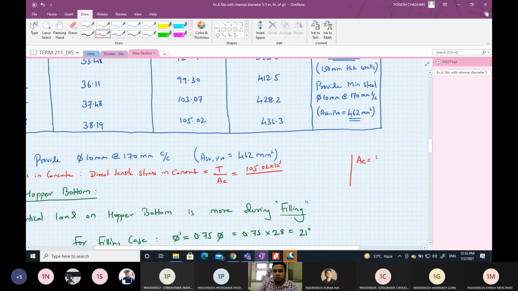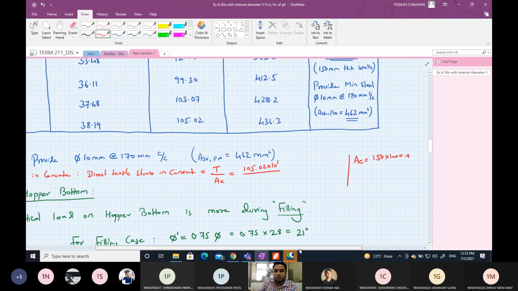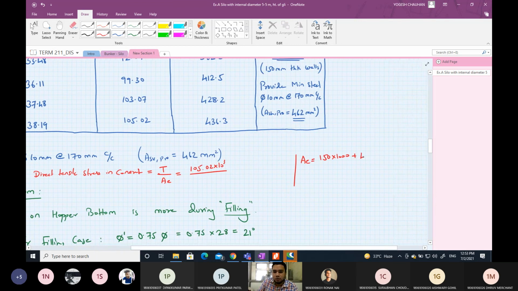AE is equal to 150 mm thickness into 1000 plus the area of steel provided, 462, into 13. That is 156,006 mm square.